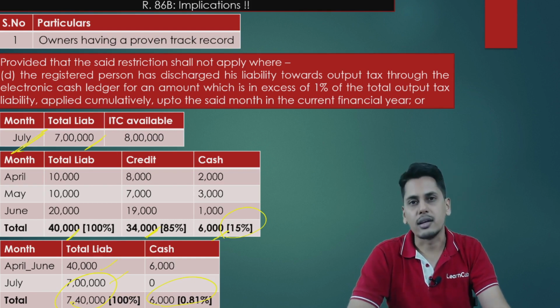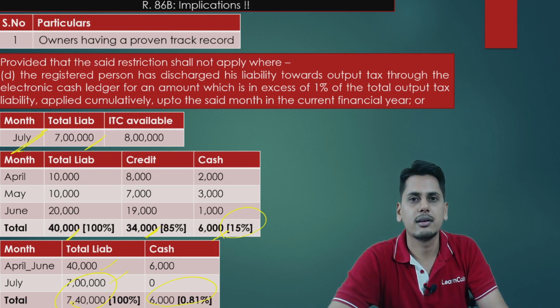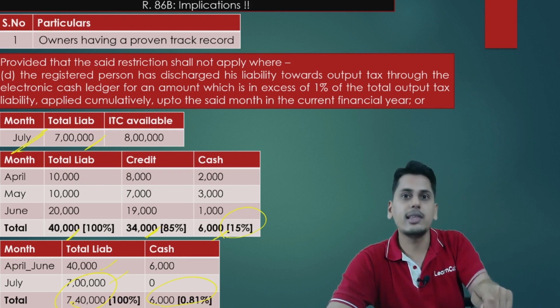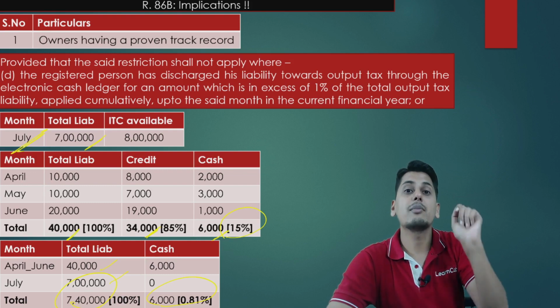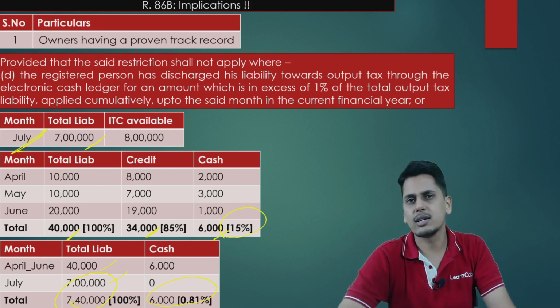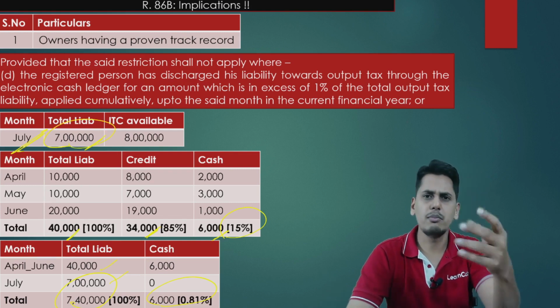The question doesn't end here. The question is, how much should I pay? How much should I pay from my cash ledger so that I am complying with Rule 86B? Now friends, one answer could be, total liability how much for July? 7 lakhs. Pay 1%.